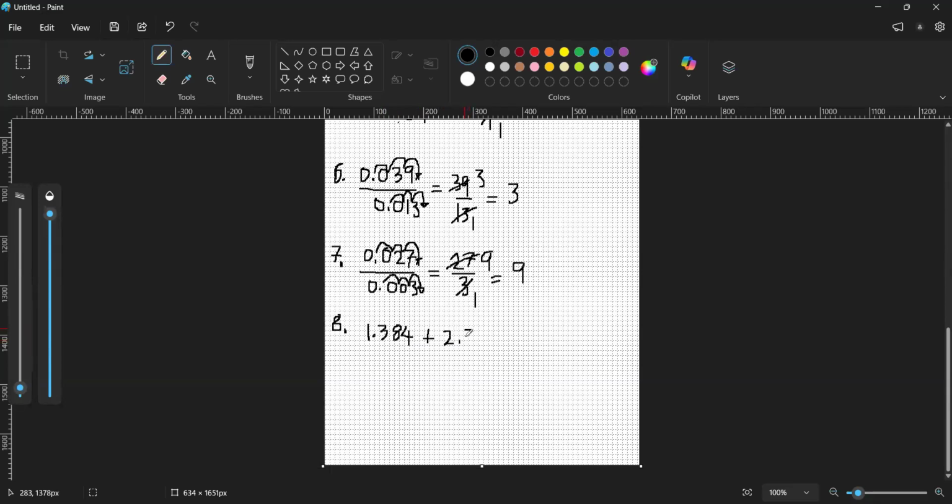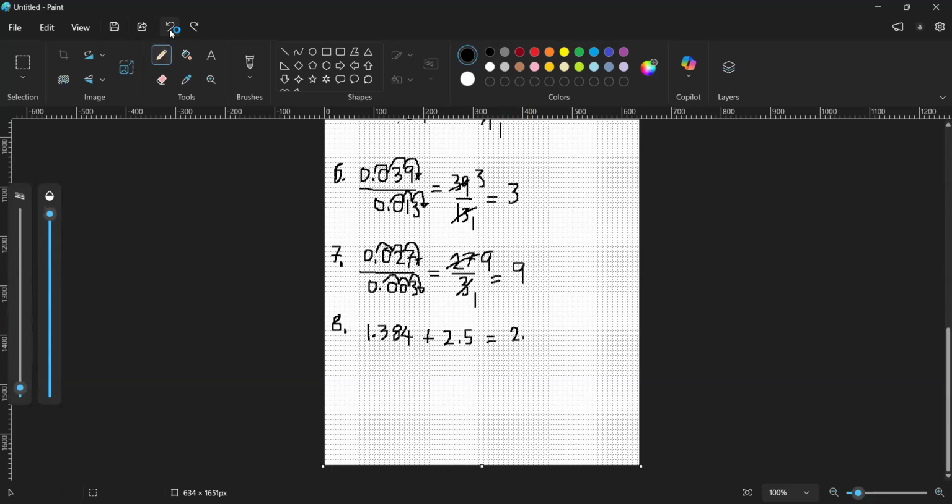What's the first thing you're going to do? The first thing I would do is, since 2.5 is bigger, I'll put it at the top, 2.500. Are you sure you want 2.5 at the top? Should I just put 1.384 at the top then?